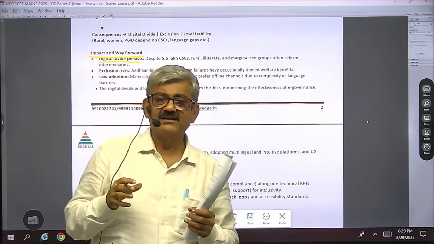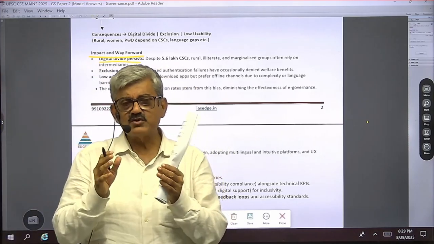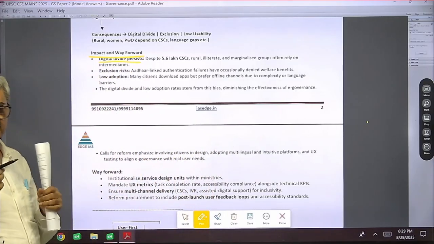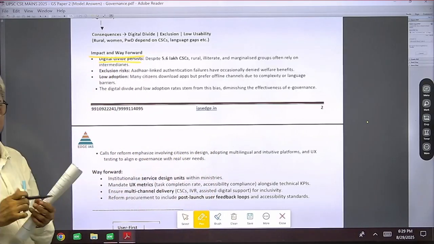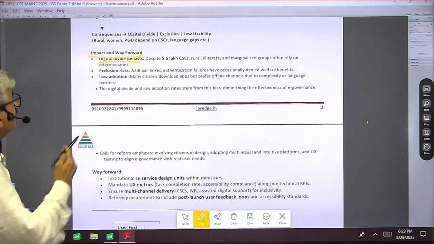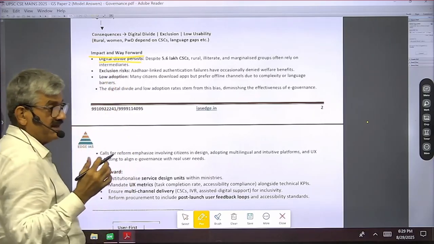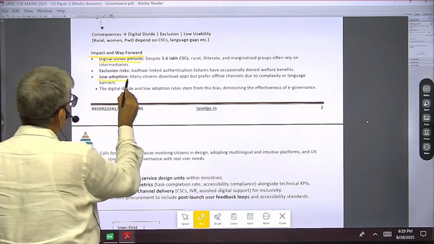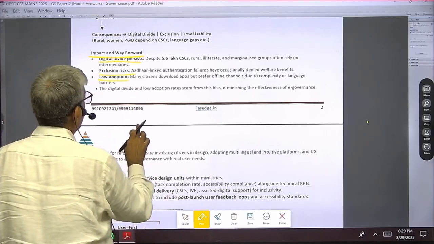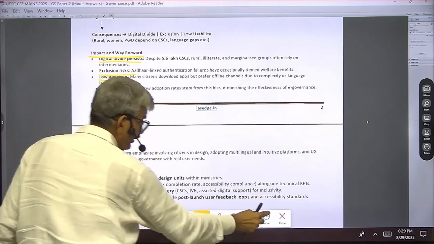I would say there seems to be a gap between the persons who know the technology and how to use it, and the real requirement to take full advantage of the digital interventions. Low adoption, still we have very low adoption, and exclusion risks are the important things we need to know.